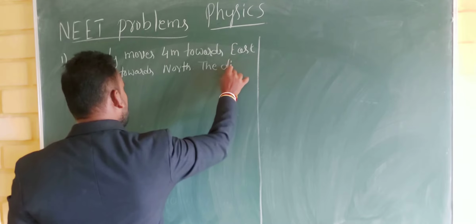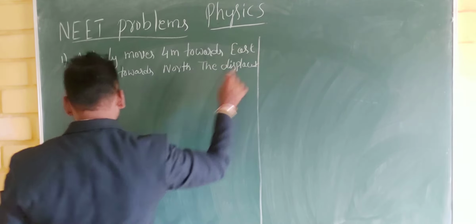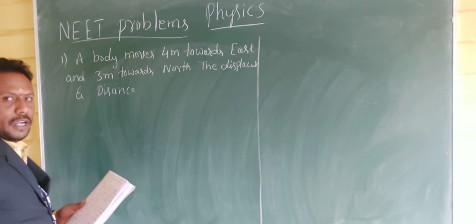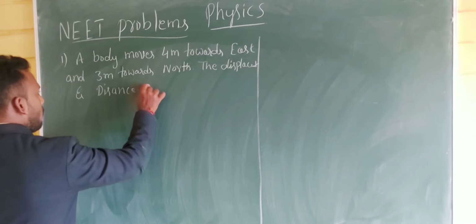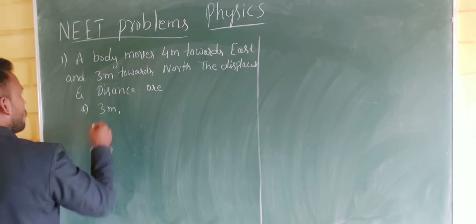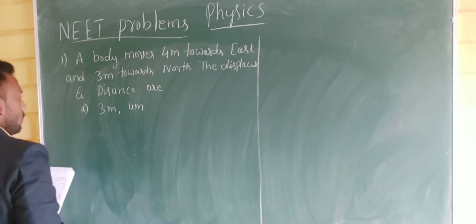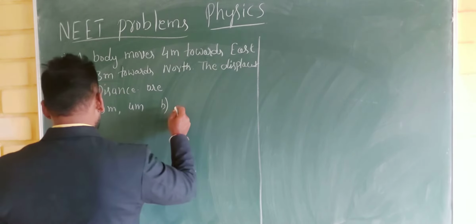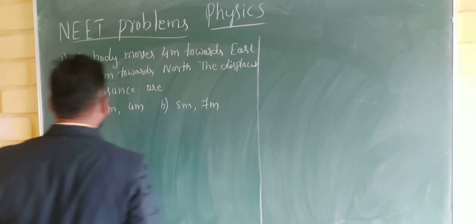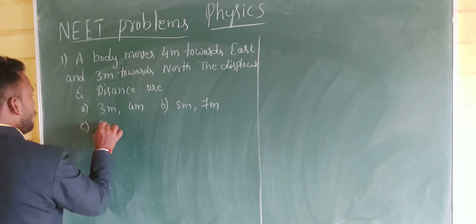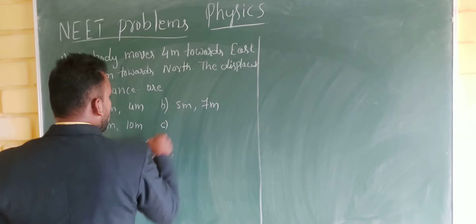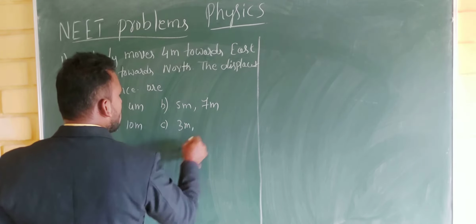The displacement and the distance are: option A 3 meter, 4 meter. Option B 5 meter, 7 meter. Option C 8 meter, 10 meter. Option D 3 meter, 3 meter.